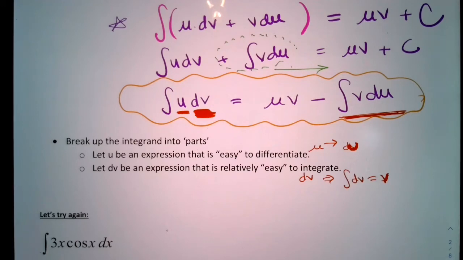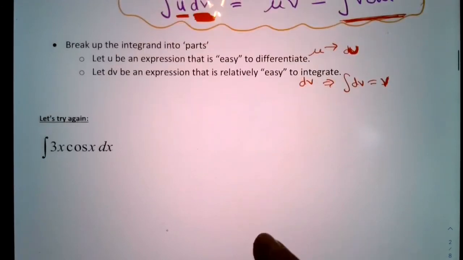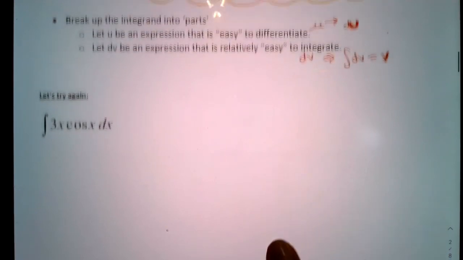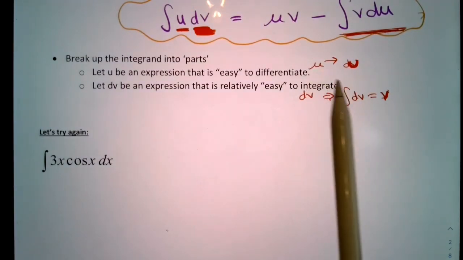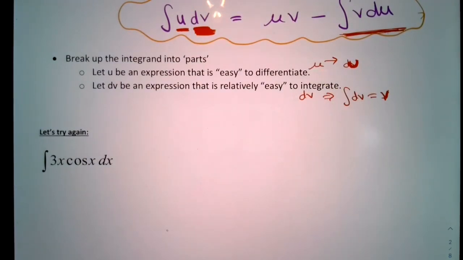Okay, so we are going to attack that problem number 5 again. Sometimes you're not going to get it right with what's u and what's dv. No problem, totally fine, and I'll show you how you'd know you're going in the wrong direction.